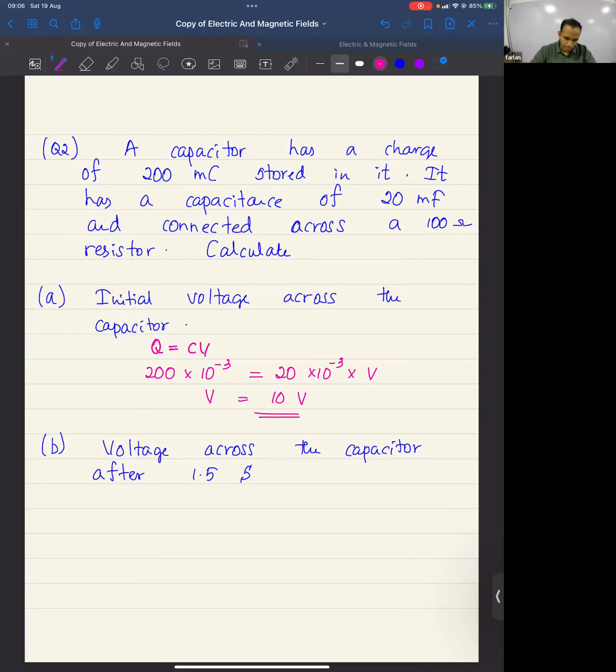Then the next one, voltage across the capacitor after 1.5 seconds.